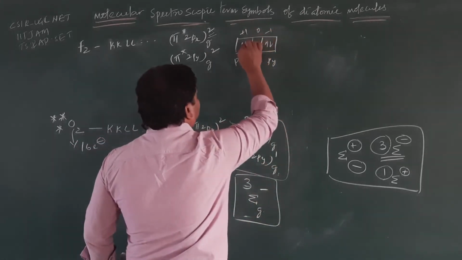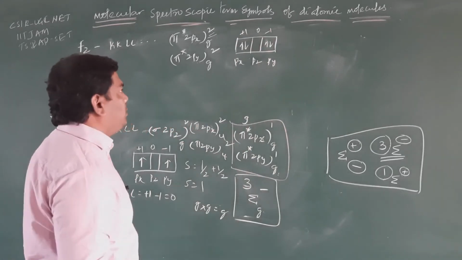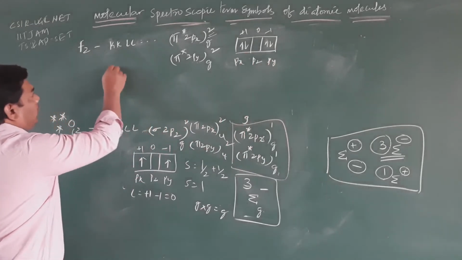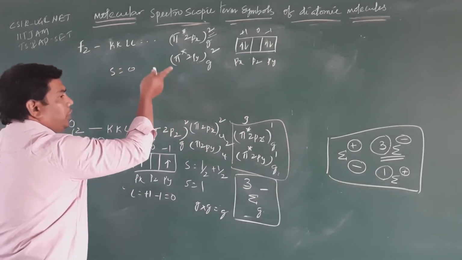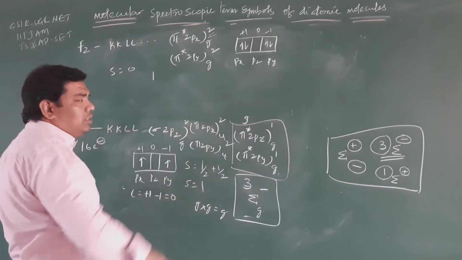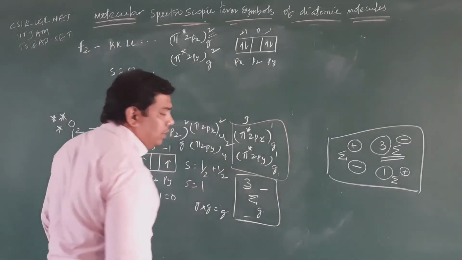If the electrons are completely filled, what is the spin value? 0, plus 1/2 minus 1/2. So S is equal to 0. The spin multiplicity is 2 into S plus 1, that means 2 into 0 plus 1, so the spin multiplicity is 1.